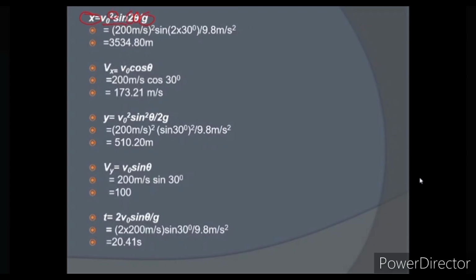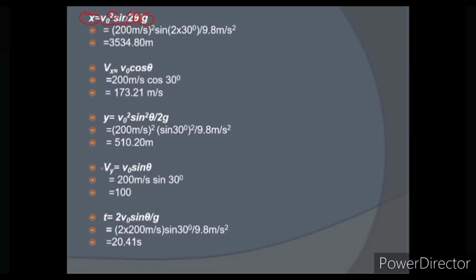May 2 yan kasi yung formula natin, we have 2g. So, you have here 510.20. Hindi po siya naging 21 kasi 4 po yung kasunod niya. So, I hope alam natin mag-round off. So, this is 510.20 meter. So, that would be the height for our problem.